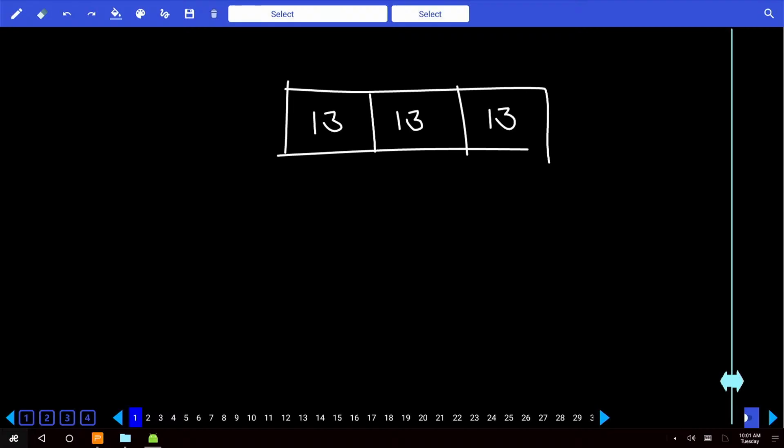Just an example: your internal exam, external exam, and Viva. Internal you scored 80%, external 80%, Viva or lab 80%. Overall 80. Same concept. On first item 13%, second 13%, third 13%, overall 13%.